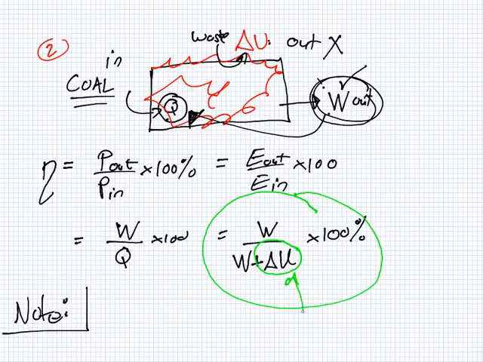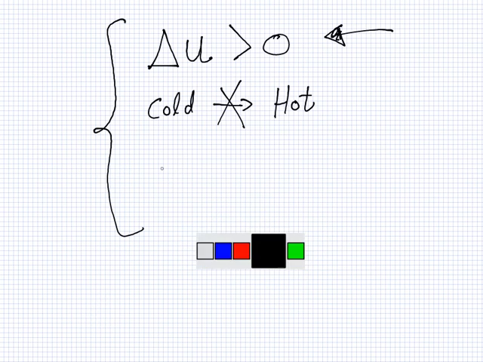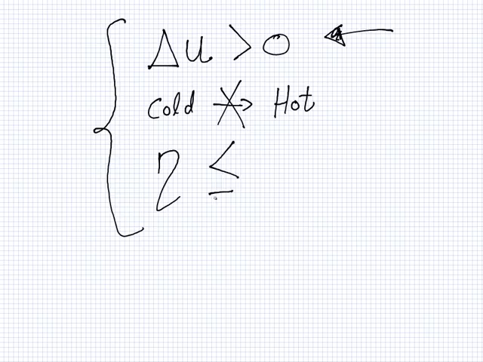If this must be positive and can't be 0, is it possible to get 100%? No, because this here is always bigger than this. So another way to say it is that the efficiency is always less than and never equal to 100%.